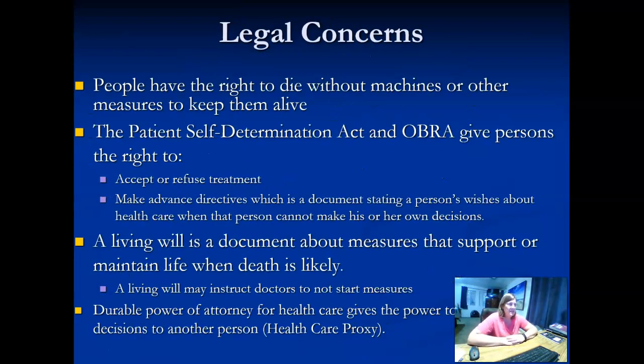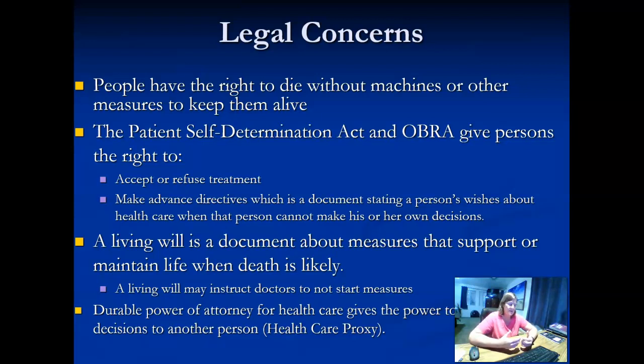Now, there are some legal concerns. People have the right to die without machines or other measures to keep them alive. So the Patient Self-Determination Act and OBRA give people the right to accept or refuse treatment, to make advance directives. That's a document stating what the person's wishes are about their health care when they can't make their own decision.